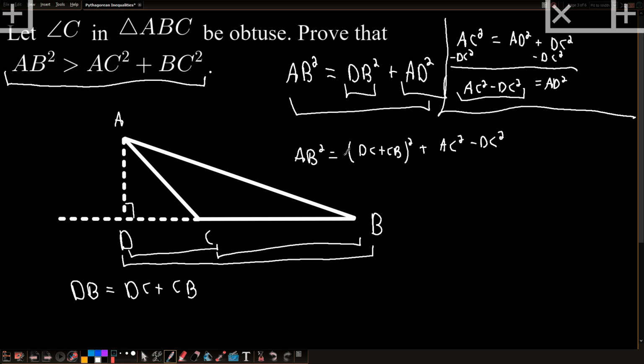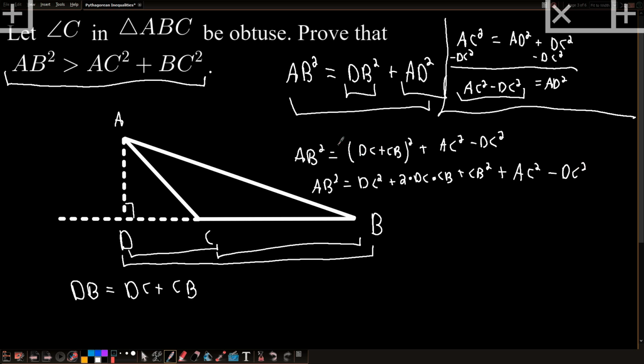Now, let's expand (DC plus CB) squared, and that would leave us with AB squared equals DC squared plus 2 times DC times CB plus CB squared plus AC squared minus DC squared.